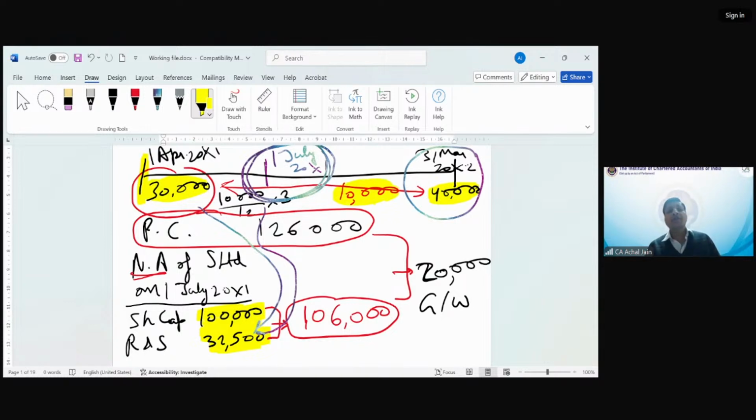You need to compute your reserves on 1st July. How do you do that? Allocate this profit on a proportionate basis over time. If you do this, what do you get? 2,500 for 3 months. So 2,500, if you add to 30,000, that is how you get 32,500, which you are placing here. And why is this required for calculating goodwill or capital? Clear? Neha, clear on this?